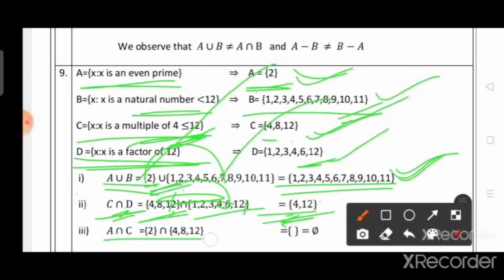Then A intersection C. A has only one element, that is 2, and C means multiples of 4 less than or equal to 12, that is 4, 8, 12. Here there is no common element, so we have to write it that way.